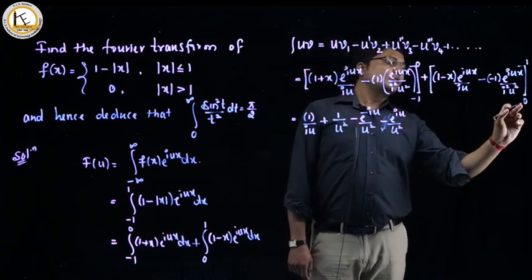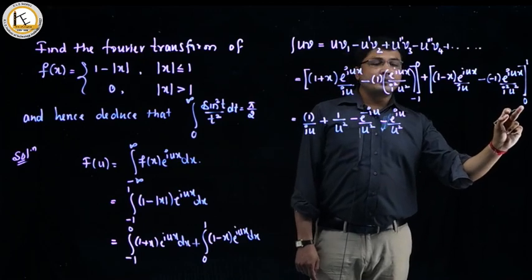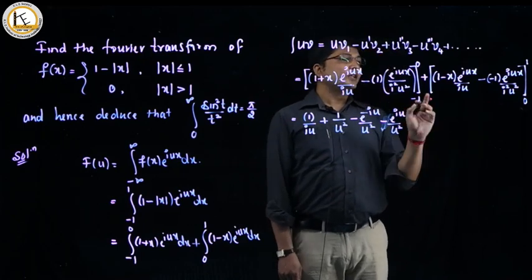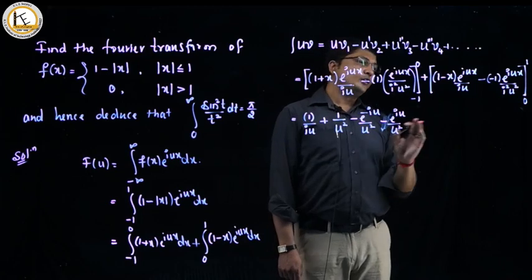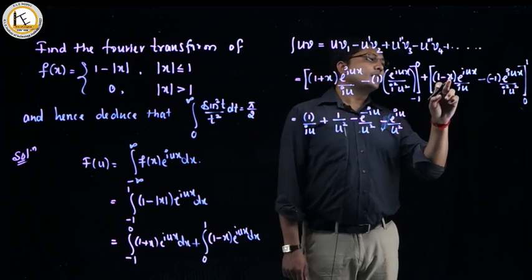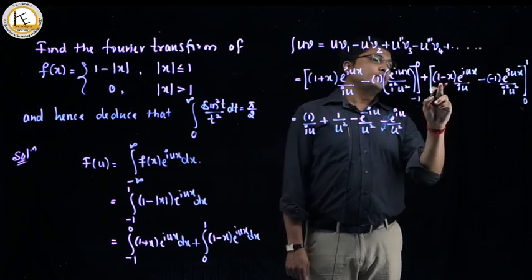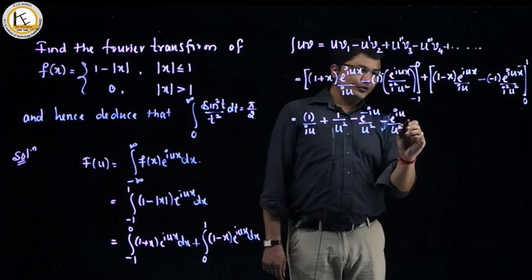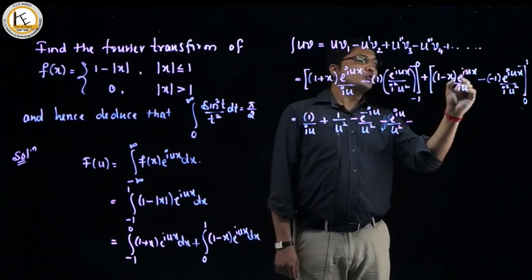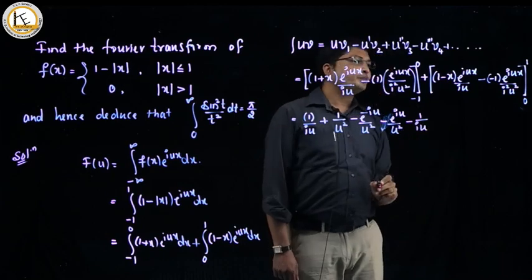Now coming to the lower limit, while applying the lower limit we know that we need to take a minus sign for every term, we need to multiply the terms by minus sign. So 1 minus 0 will be 1 and e raised to 0 will be 1, and since we need to multiply this term by minus, it becomes minus of e raised to 0, which is 1, so 1 divided by iu.